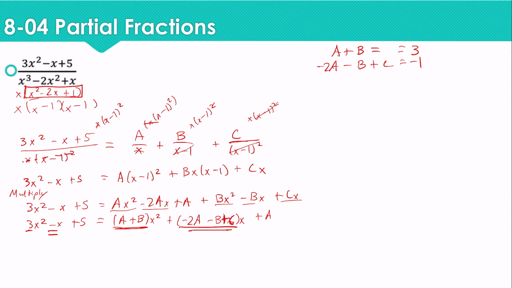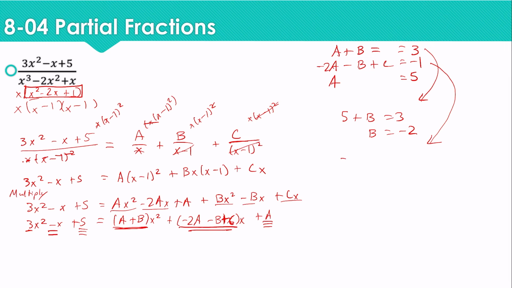So we're just looking at the coefficients. A is 5. That's just the constants with no x. Well, conveniently, we know a is 5. So then we can substitute that into the top equation to get b is -2.